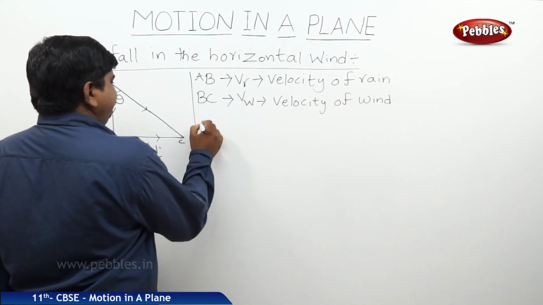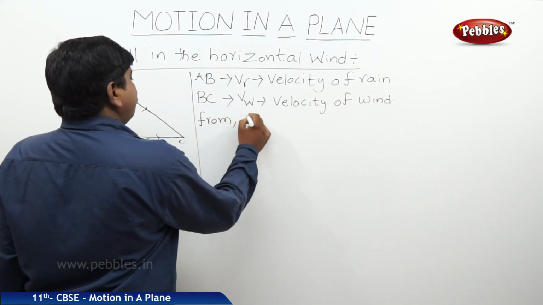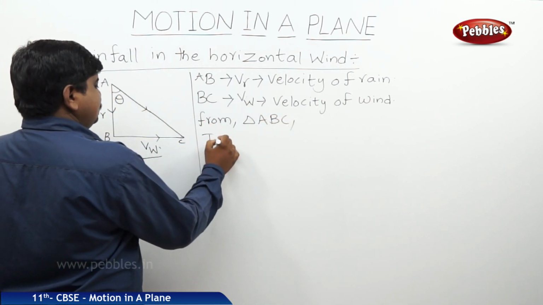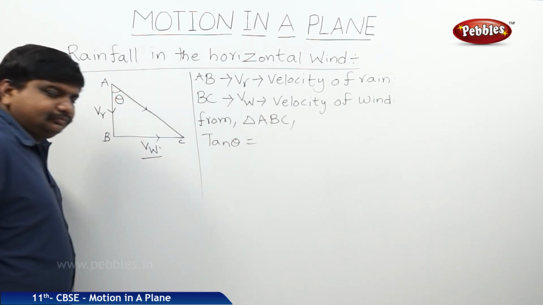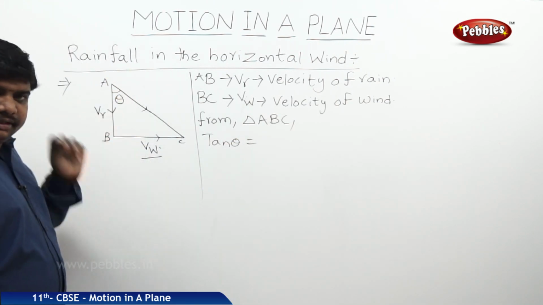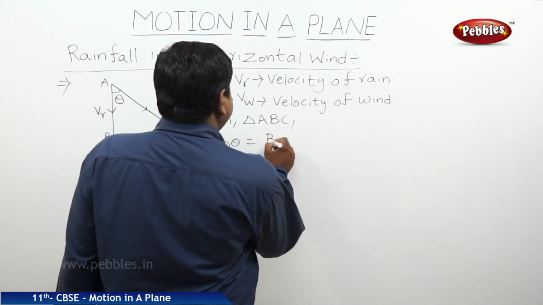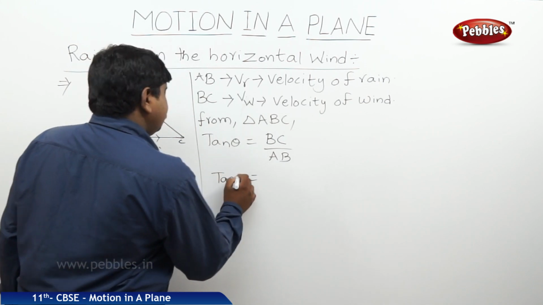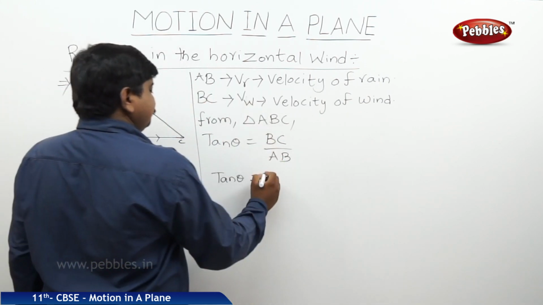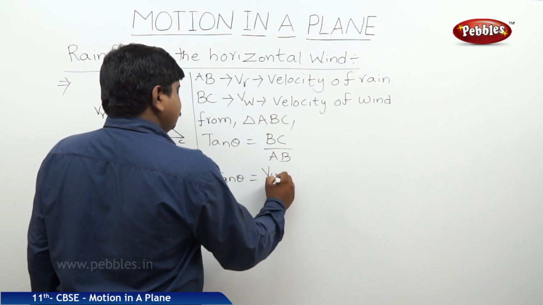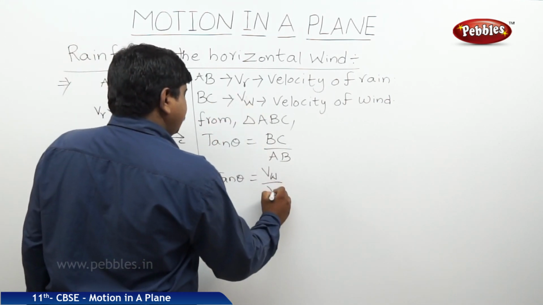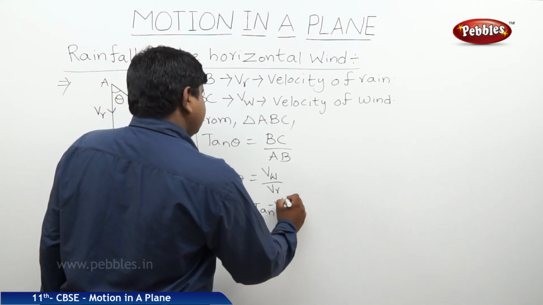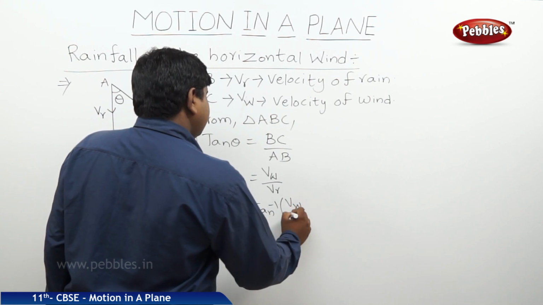So therefore, from triangle ABC, tan theta is equal to opposite side by adjacent side, BC by AB. Therefore, tan theta is equal to, what is BC? VW. What is AB? VR. Theta is equal to tan inverse VW by VR.